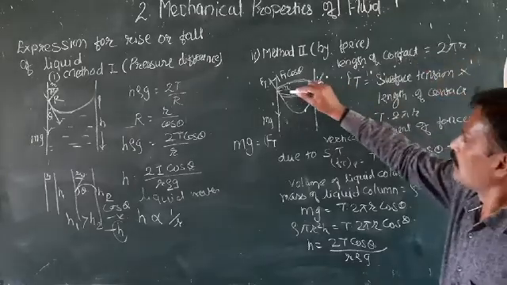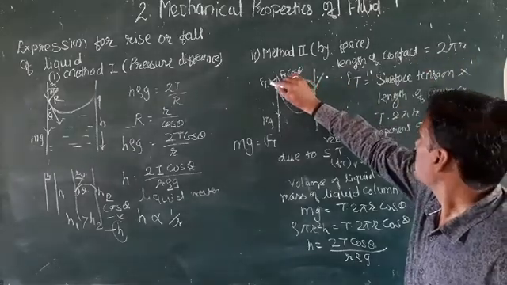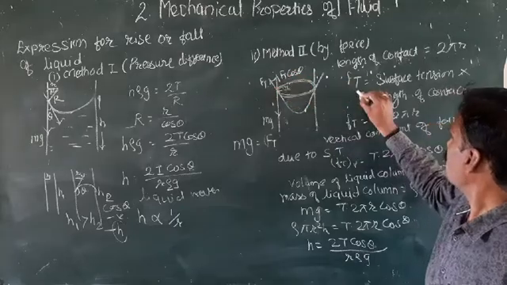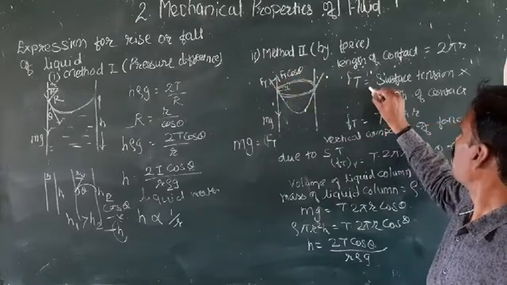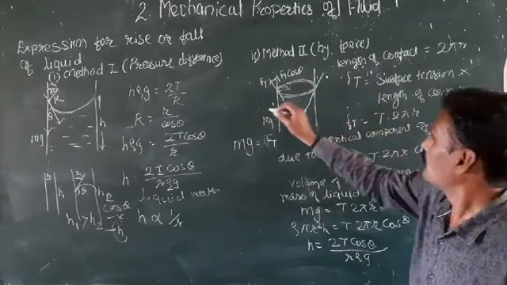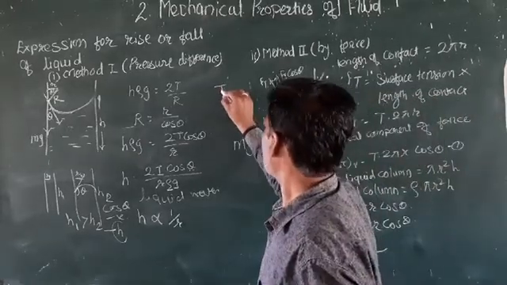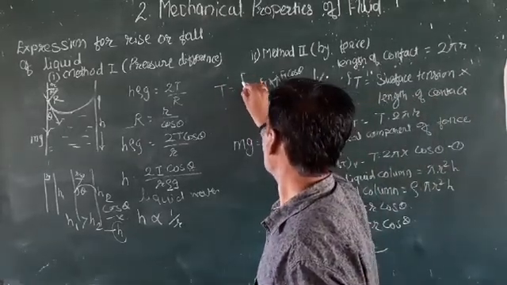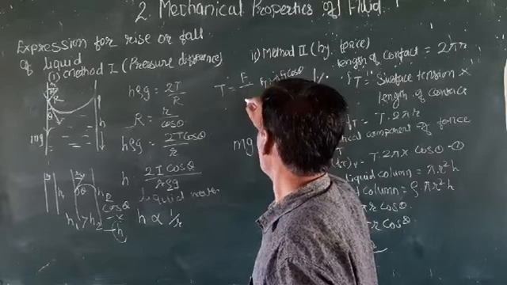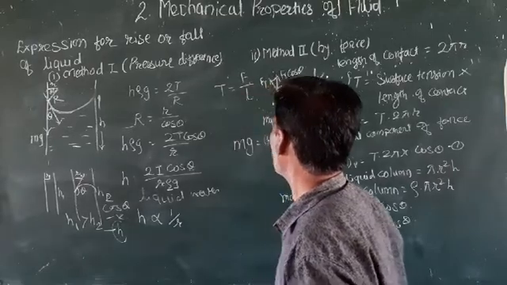Now, the force due to the surface tension is given by Ft. We have seen the formula that surface tension is equal to force divided by length of contact.